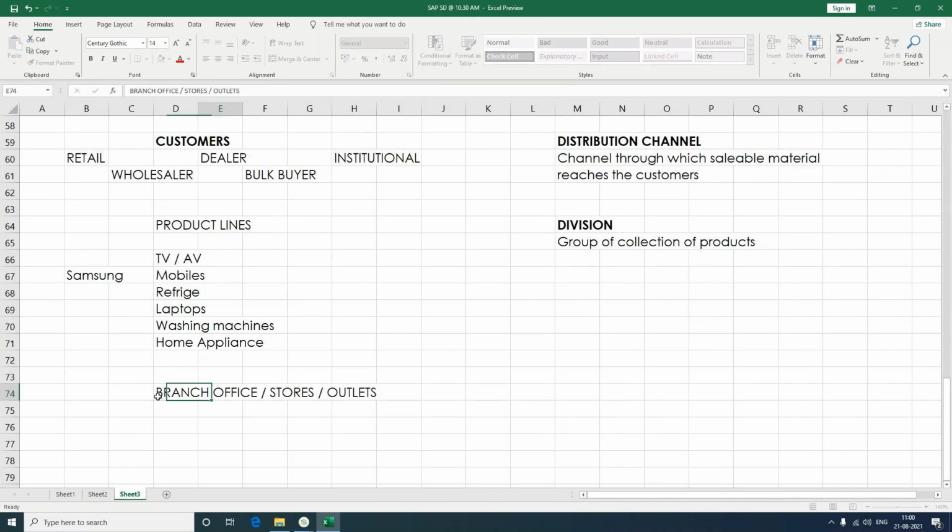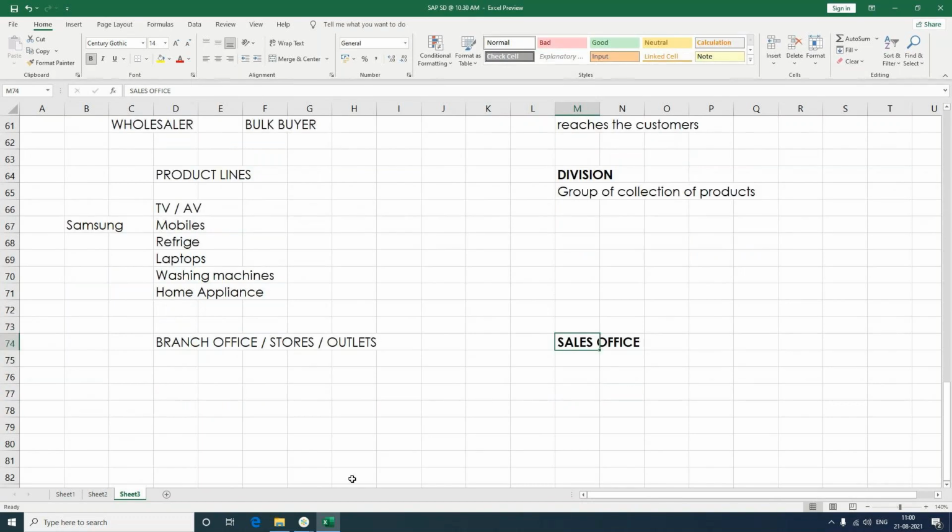These branch office, stores, outlets are mapped in SAP as sales office. All these company stores we call a sales office, which is nothing but a point of contact between the customer and the company.